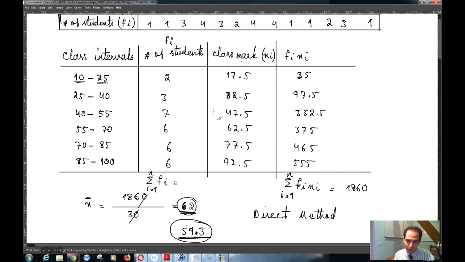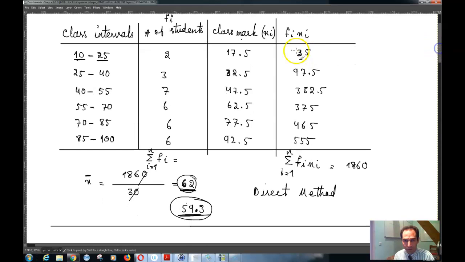Multiplying them of course takes a lot of time. So in such cases, if it's possible, you can simplify your calculation in some way.